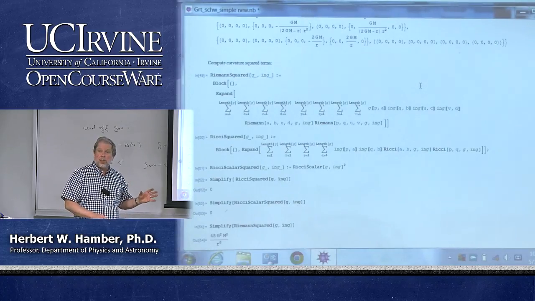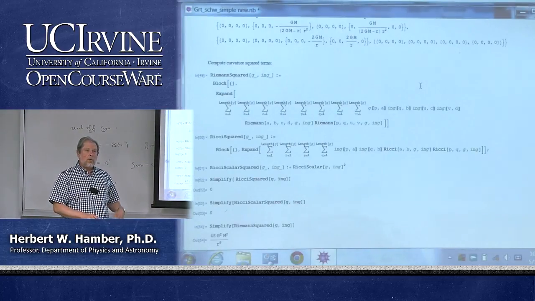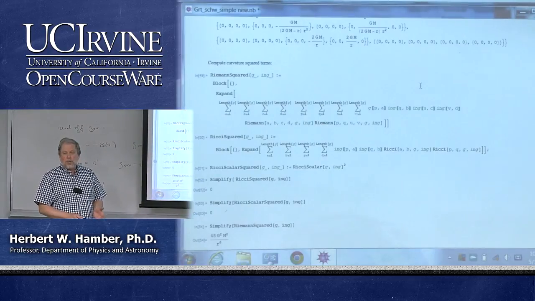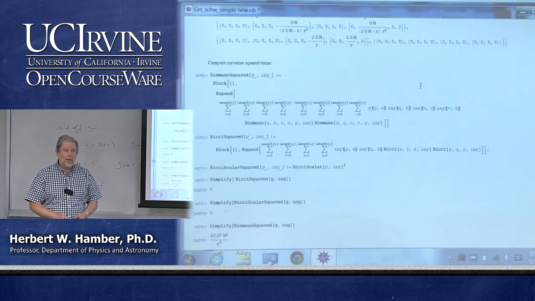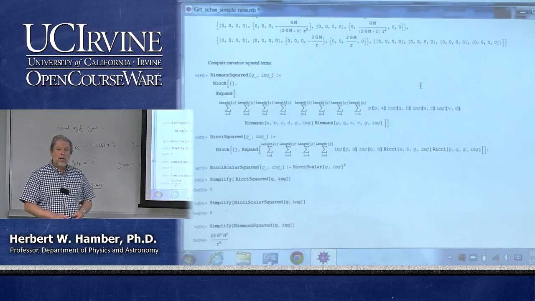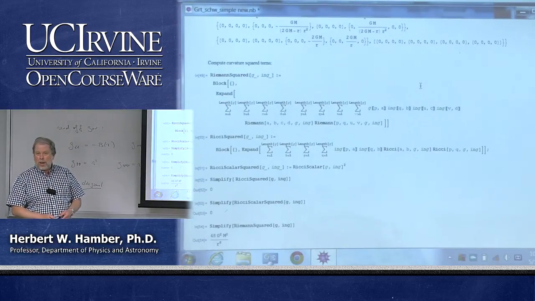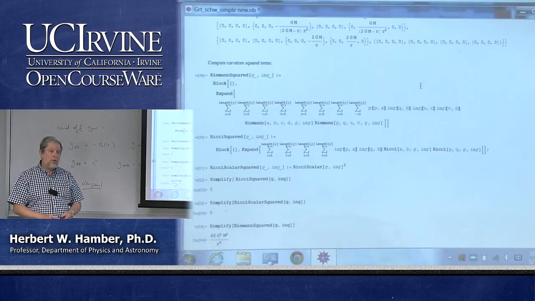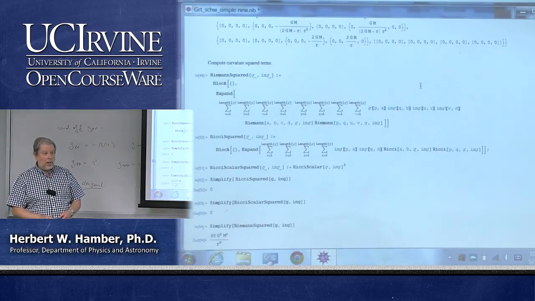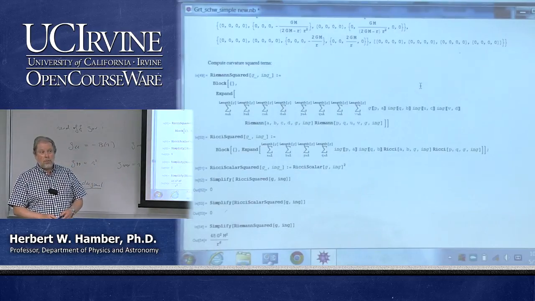Only in the very simplest cases you can get a solution quickly. So computer algebra has become an essential ingredient in classical general relativity and certainly also in the quantum theory. Because doing calculations by hand is extremely tedious, and if you do them by hand, you're going to get an answer, but the question is, is it an answer or is it the answer, right? Because if every time you redo it, you get a different answer, then that's not very useful. So you want to get the correct answer and not make too many algebraic mistakes.